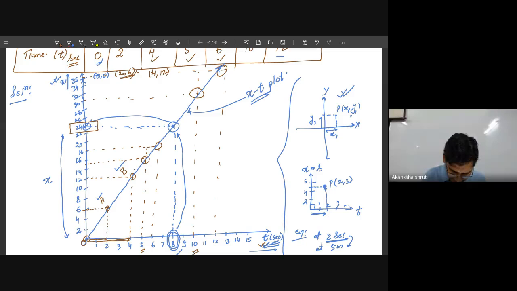So this way we have plotted the points A, B, C, D, E, F, etc. Even this E was not given, that we have also calculated. So we have calculated the position at 8 seconds by plotting the other points.